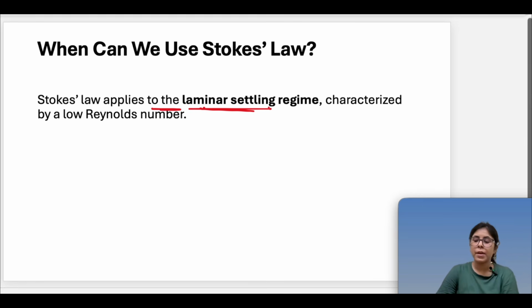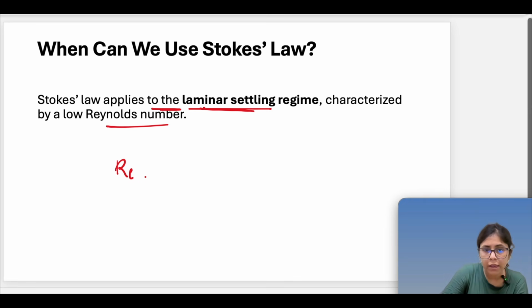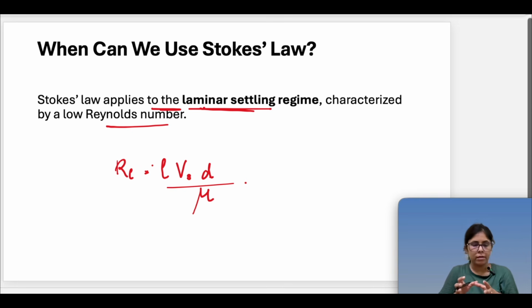The laminar settling regime will be identified by the Reynolds number, denoted by Re. It is rho v d upon mu, where v is settling velocity, d is particle size, and rho is the density of water here, not the particle, because I want to see if the flow is laminar or not.